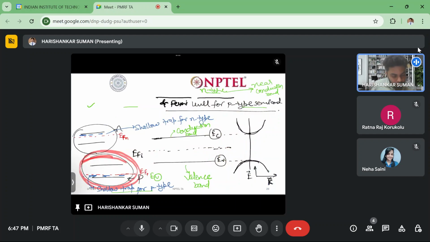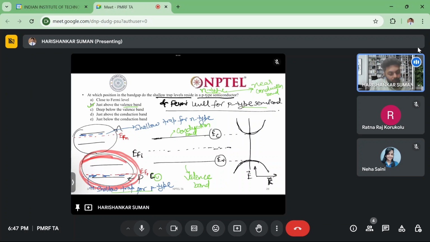Also the question: at which position in the band gap does the shallow trap reside in a p-type semiconductor? In p-type, the Fermi level is near the valence band, so the shallow trap should also be near the valence band.